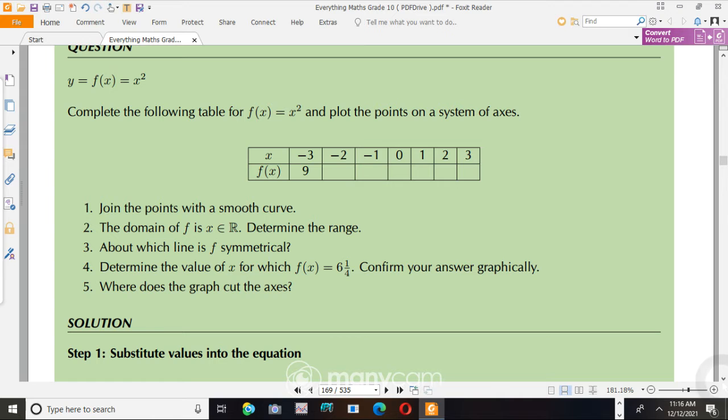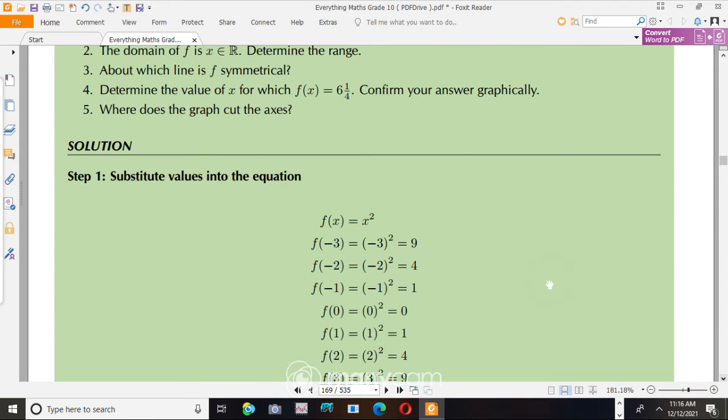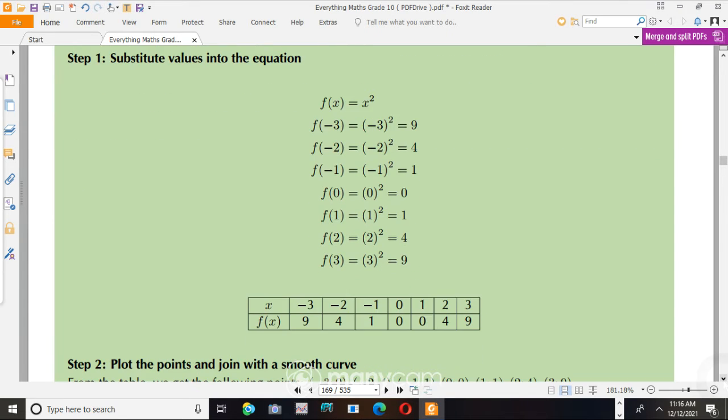Now plot on this coordinate system. By substituting, as I've said, minus 3 gives 9, minus 2 gives 4, minus 1 gives 1, 0 gives 0, 1 gives 1, 2 gives 4, 3 gives 9. So you can fill the table like this one.